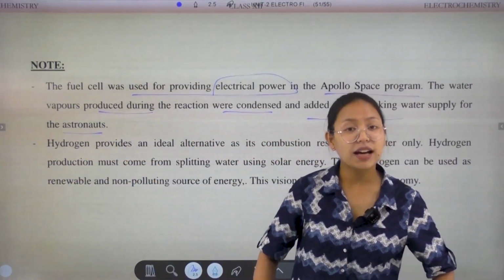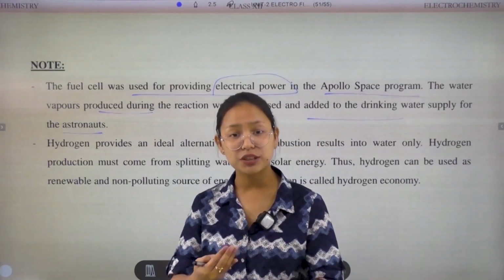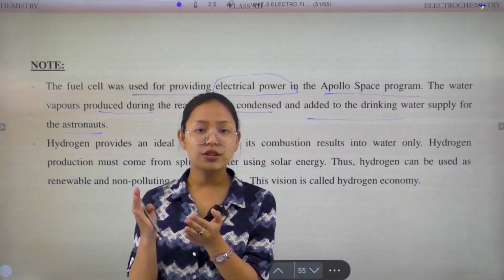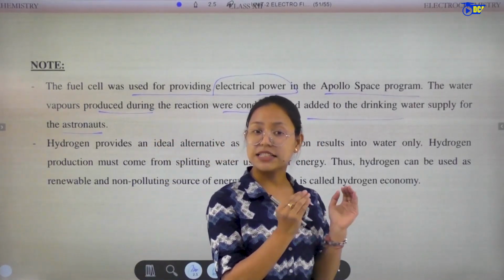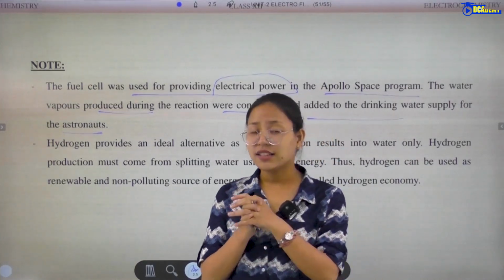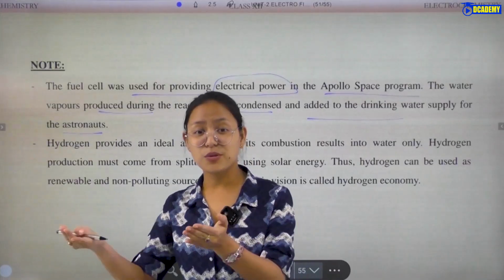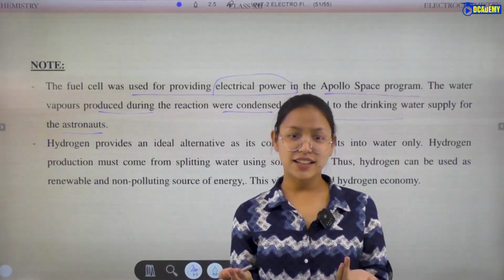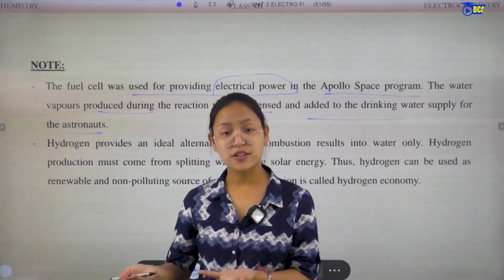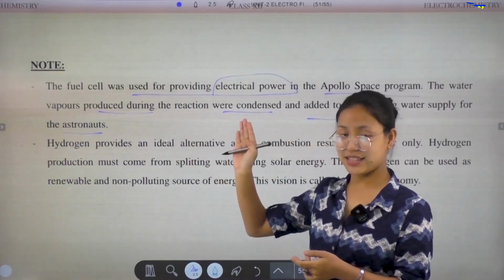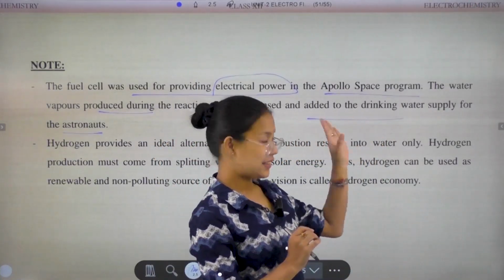When the fuel cell was used, the astronauts in space did not need to carry large amounts of water, because they can synthesize their own water.